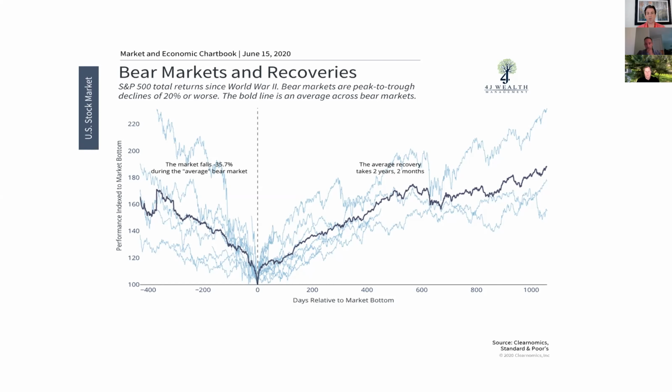Every conversation we've had with clients, or almost every conversation, would be the opposite. It's the concern, well, what if it drops 30, 40, or 50%? But nevertheless, this is a good data point to show what the average recovery period is. We suspect this recovery period, because of the actions of the Fed and Congress, will likely be quicker than the 2 year, 2 month average.